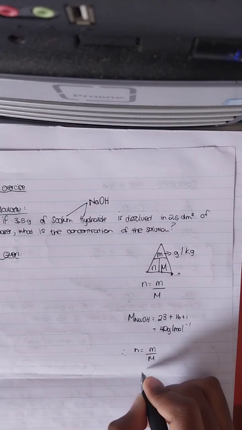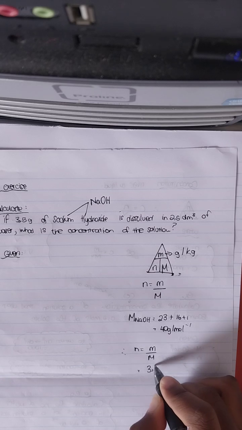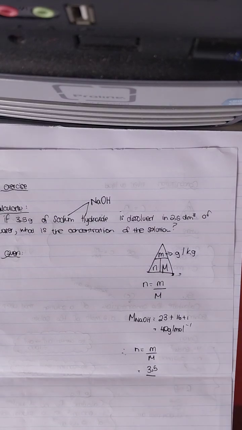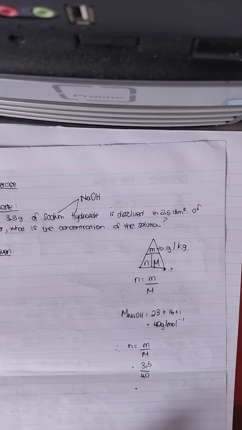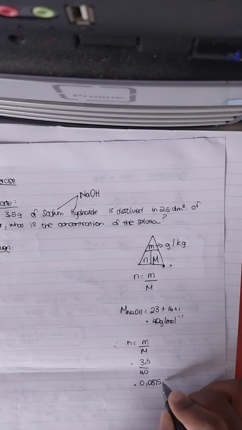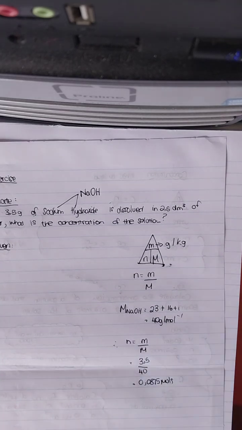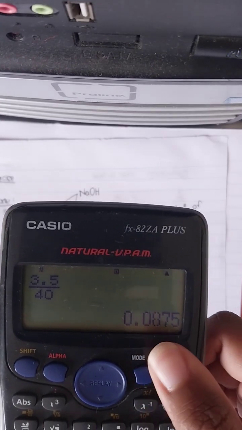Now what is our mass? 3.5 grams. What is our molar mass? 40, which we just calculated. So 3.5 over 40 is going to give us 0.0875 moles.